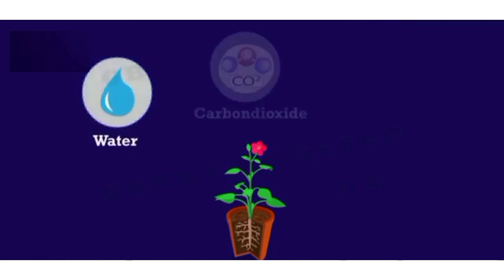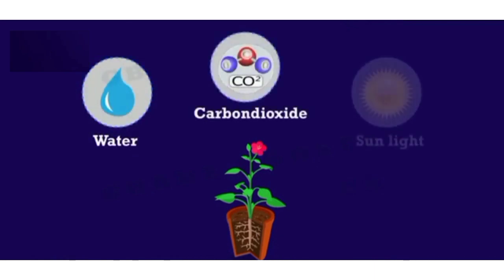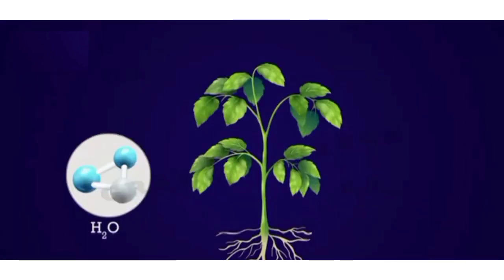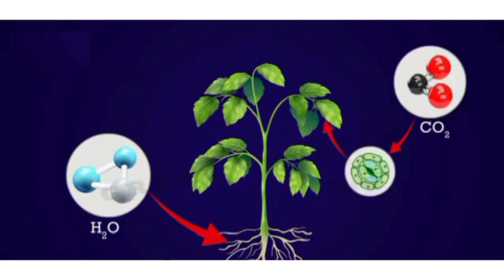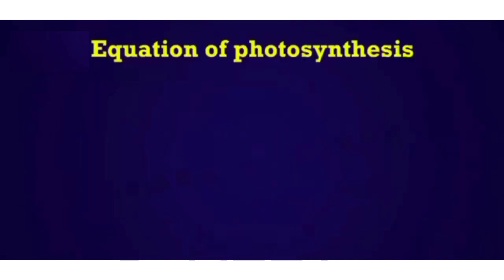Therefore, the three materials needed for photosynthesis include water, carbon dioxide, and sunlight, which is trapped by chlorophyll. The water is gotten from the roots of plants. CO2 enters the plant through the stomata of the leaves, and the chlorophyll, the green pigment in leaves, traps sunlight.